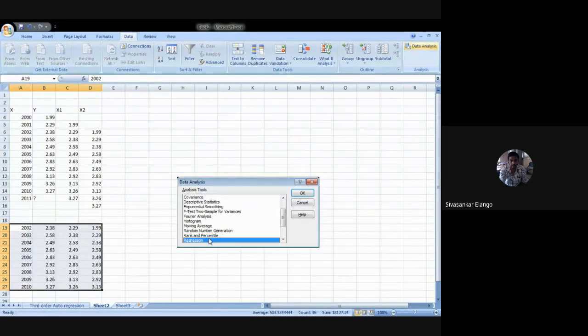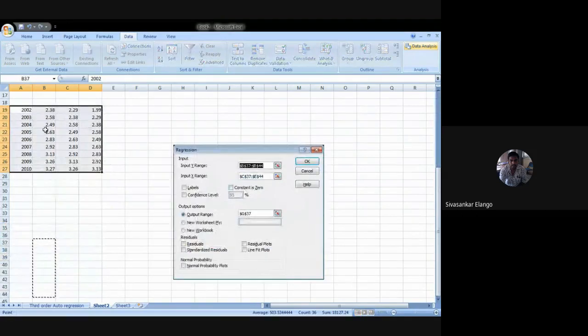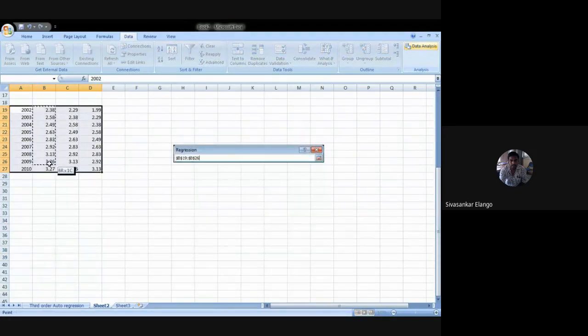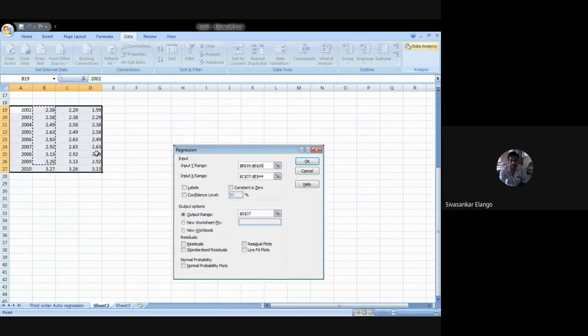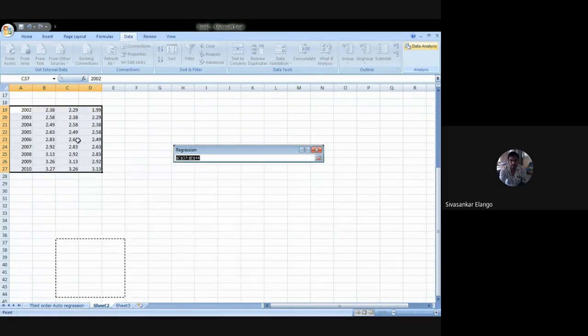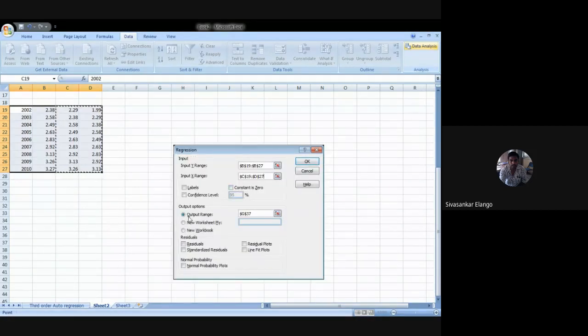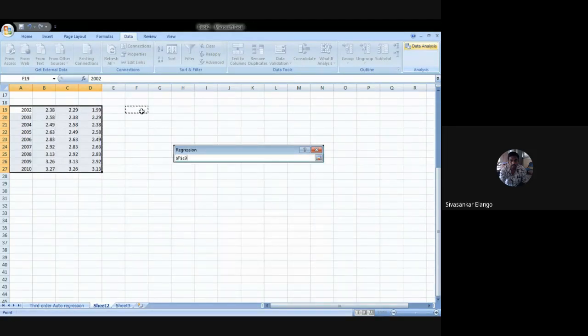So we'll be using regression. So the y value is going to be B19 to B27, and x value is going to be C19 to D27. The confidence level is going to be 95%. Output range is going to be F.